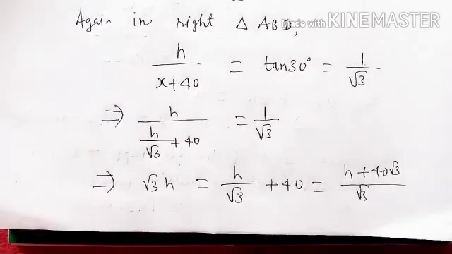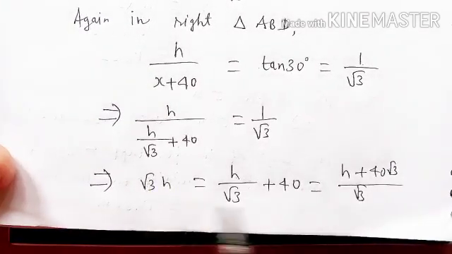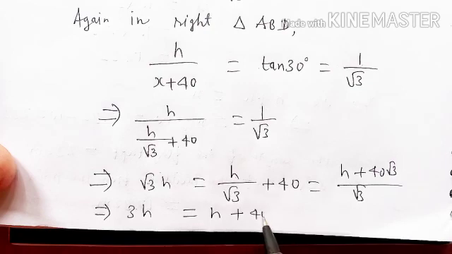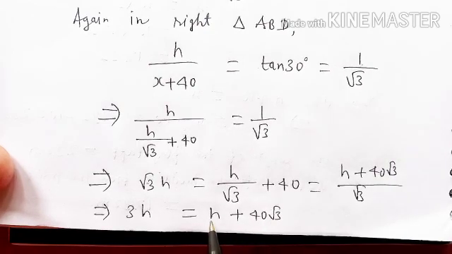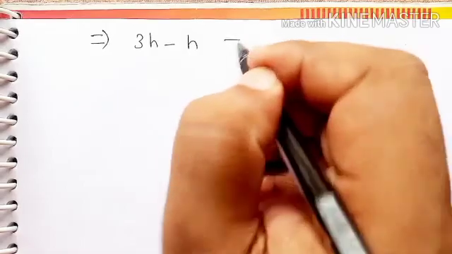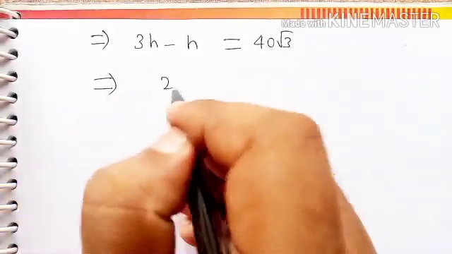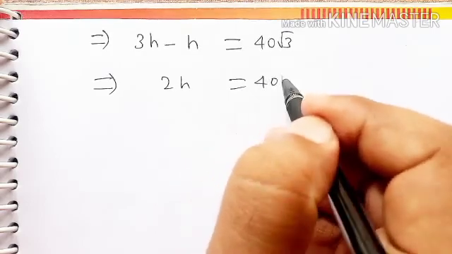From here after cross multiplication root 3 h into root 3 is equal to 3h is equal to h plus 40 root 3. From here we can write 3h minus h is equal to 40 root 3. This implies 2h is equal to 40 root 3.